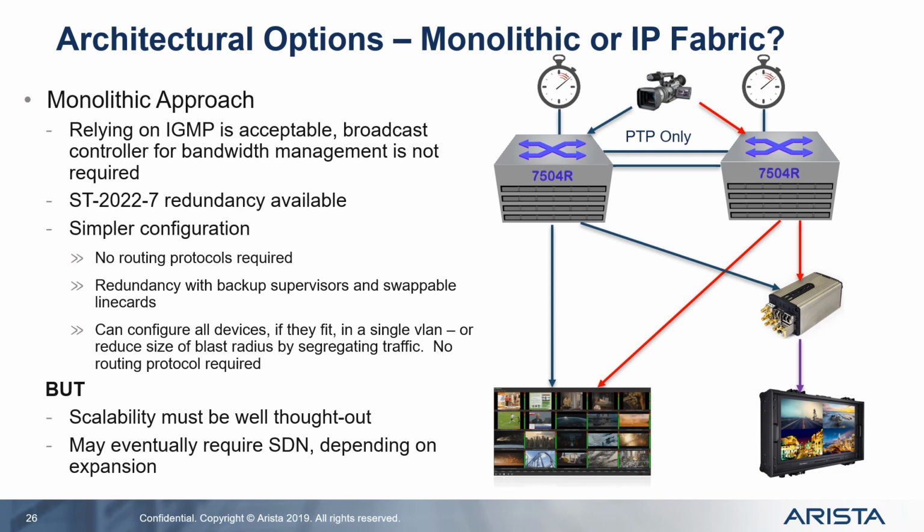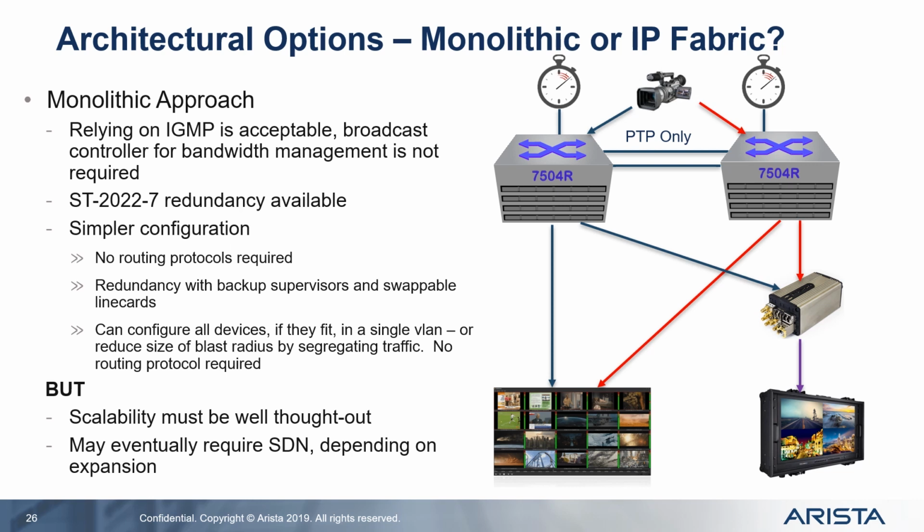I only allow PTP to go between the 2 switches, and the reason for that is in the event that say a primary link on one of the switches dies and it can only get its data from the secondary link, I still want it to get the primary clock on the left-hand side. That's why I allow PTP to go between both switches. And you can put in access lists, you can put in multicast boundaries. There's various forms of security you can put in there to prevent any other multicast traffic, or any other traffic really, from going between those 2 switches other than the desired PTP traffic.